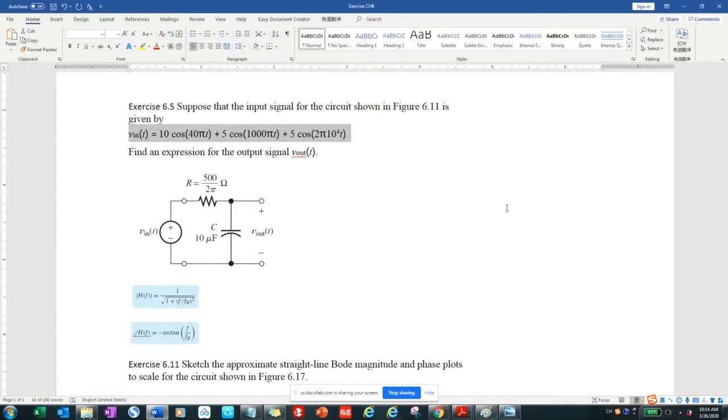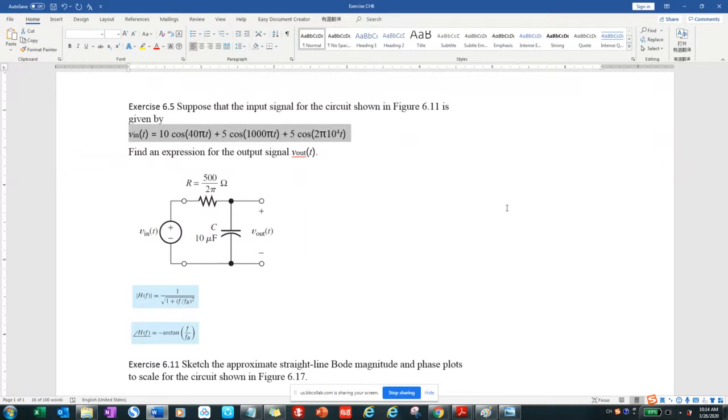You are given the input signal, with different components. Then you identify, based on the frequency of each component, what the output will be, because the frequency response is different for different frequencies. Then you add them up, and you will get the final output.